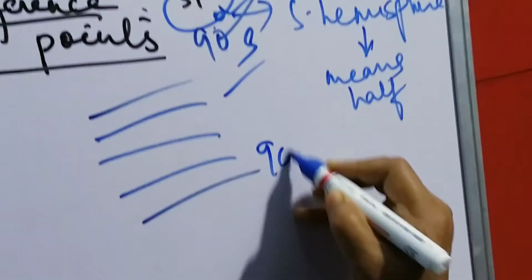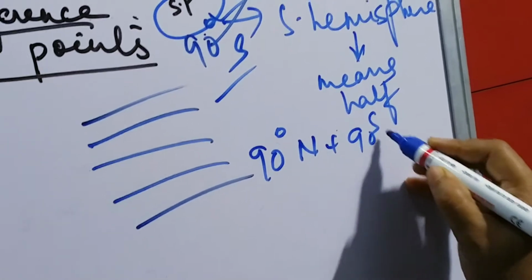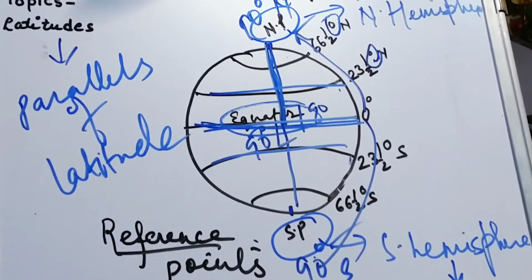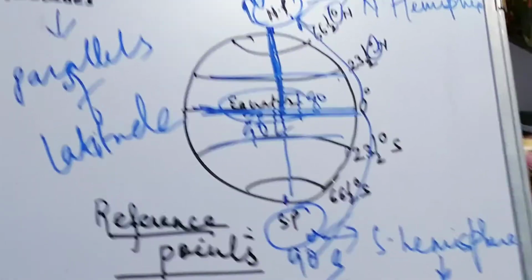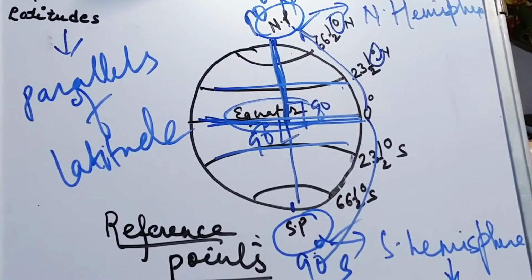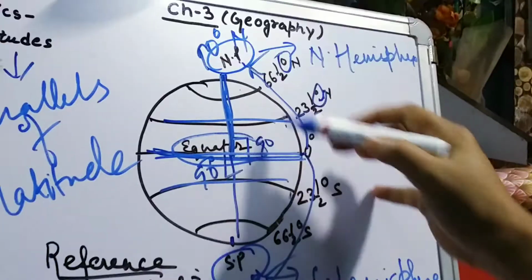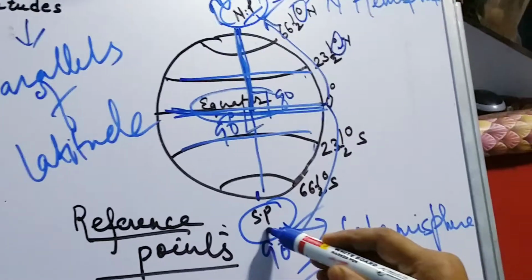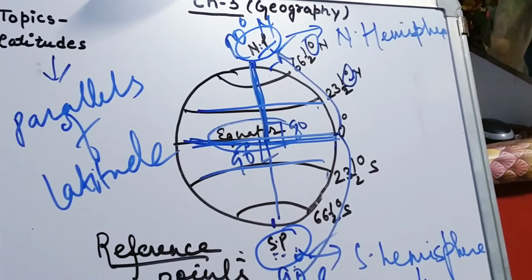How will you write? 90 degree north plus 90 degree south makes 180. Right? So the equator is at 0 degree, with 0 to 90 degree north and 0 to 90 degree south. SP is the South Pole, and this is the North Pole.